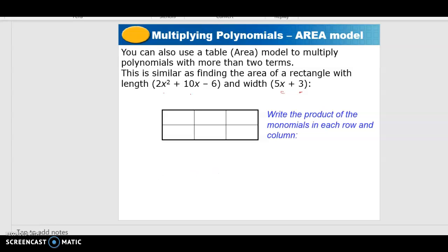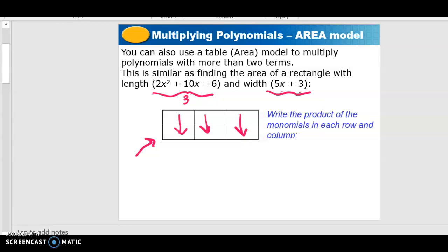So the first thing that you're going to want to do, when you are multiplying this trinomial with this binomial, is create a box, and that box needs to match the number of terms. So if this is a trinomial with 3 terms, we need to have 3 columns.